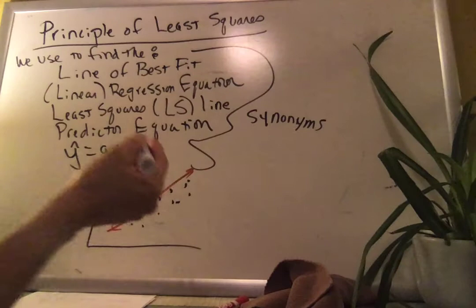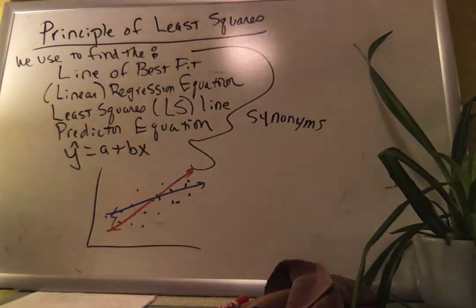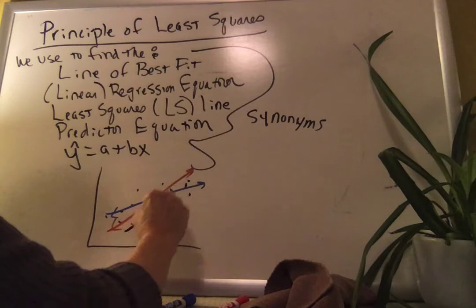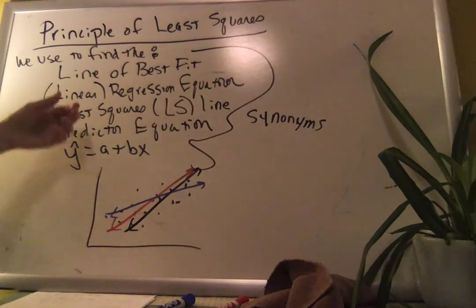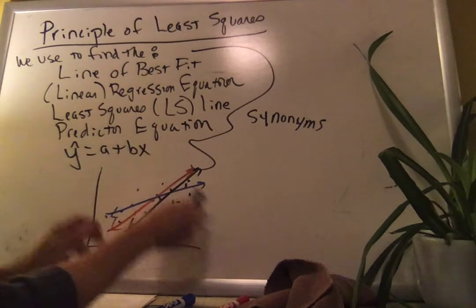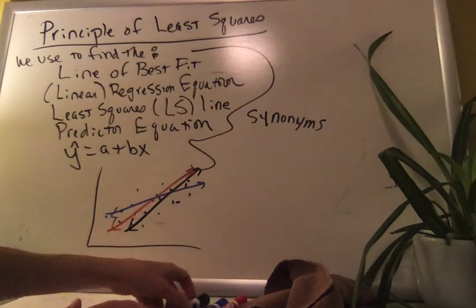Someone else might come up and say, well, I think that one is better. Someone else might come up and say, yeah, those look good, but I think that's the correct one, right? And all three of those look pretty good to describe that snowstorm. Now, hopefully nobody would draw their line down here or up here, right? That doesn't even make sense. That's not where the data set was.